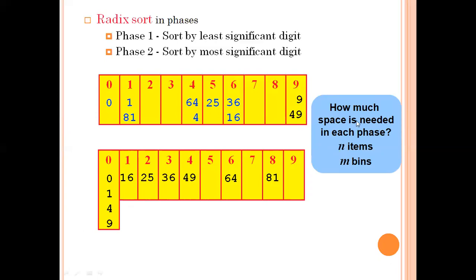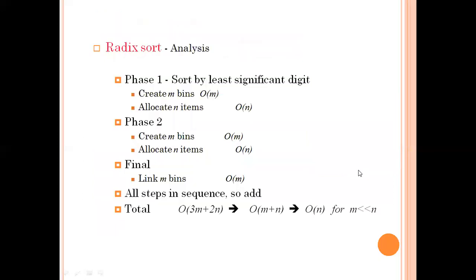So how much space is needed in each phase? N items and M bins. You can see bins or radix, both are the same. In phase 1, when we sorted by the least significant digit, in general we say M bins and there are N items, so O(N). In phase 2, O(M), M bins, and we allocate N items.